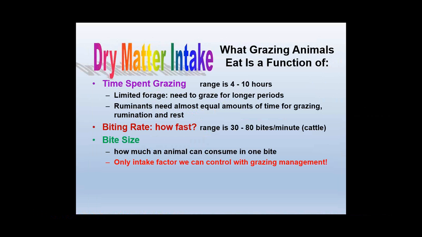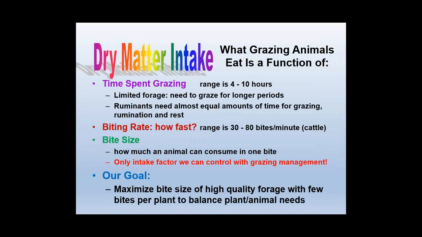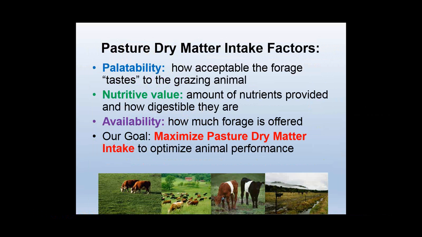This is one factor that we can work with in grazing management by offering the biggest bite possible. So our goal is going to be to maximize bite size of high quality forage with as few bites per plant so that we can balance those plant and animal needs.